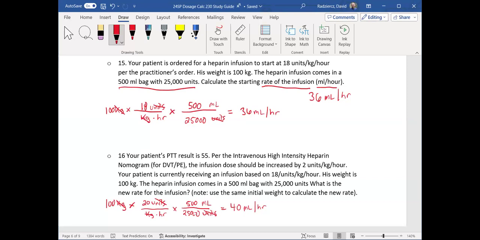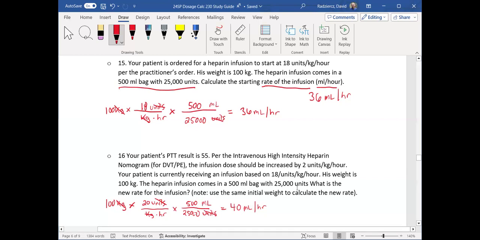I'm just showing you the dimensional analysis version, which I know a lot of students are not big fans of, but that way you can at least see where I am setting up and how I'm arranging it. The only thing that would be different for this problem is you would take 100 times 20 equals, and then whatever that number is, you would multiply by the 500 over 25,000, and you would get the same answer. What's important is do it your way. As long as you're getting the same answer I'm getting, then we're both doing it the right way.